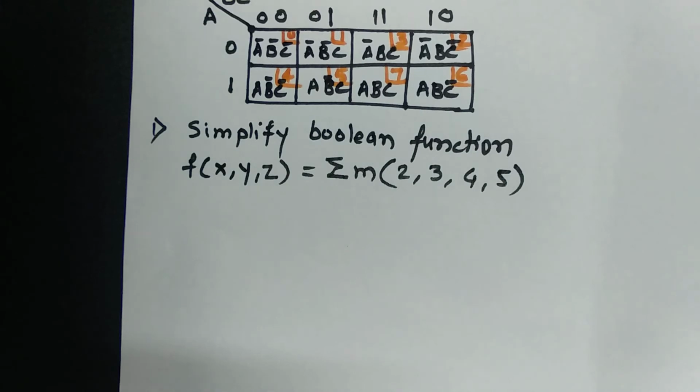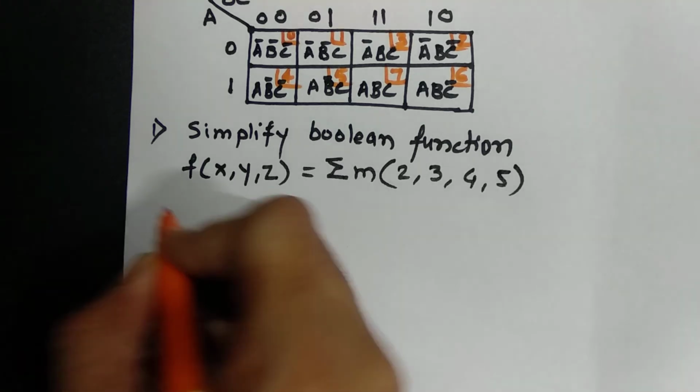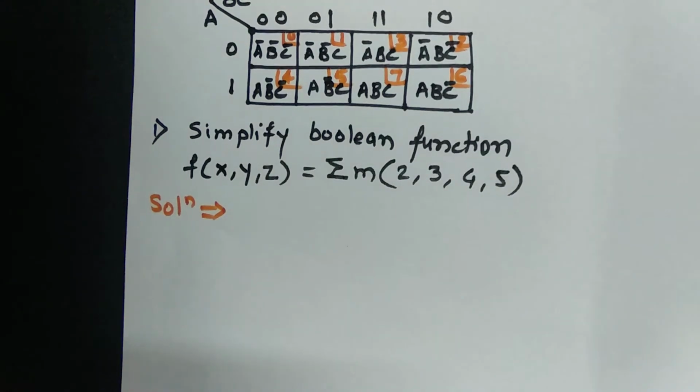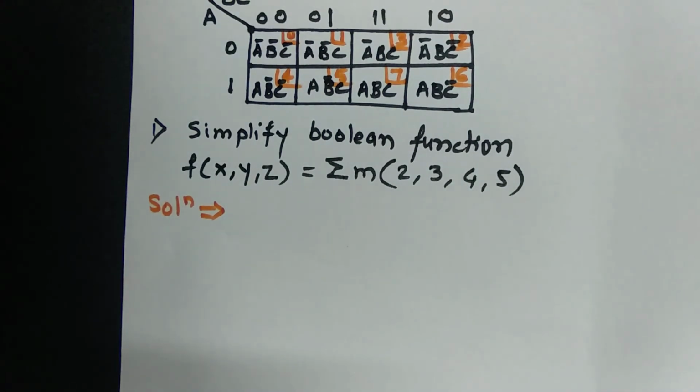This is the problem which is given. So you have to write the solution for this one. In the solution, what you have to write? You have to again draw the K-map.